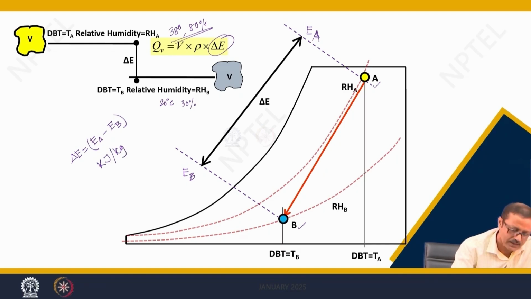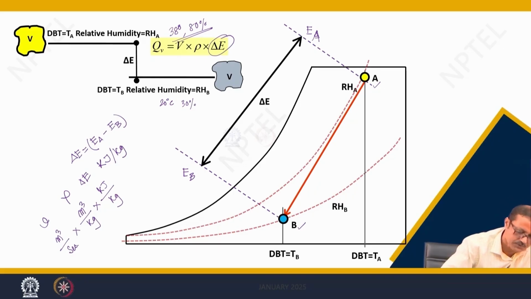Now, I can multiply with V and rho. Rho is in kg per meter cube, so this is the density.